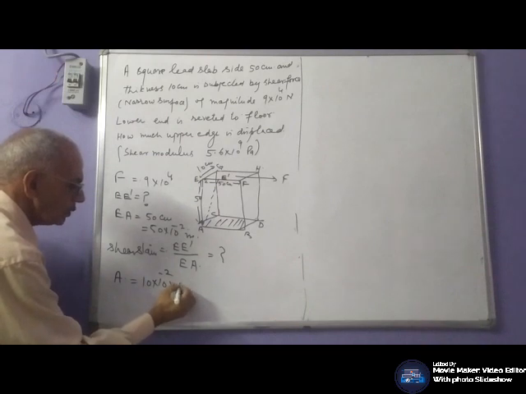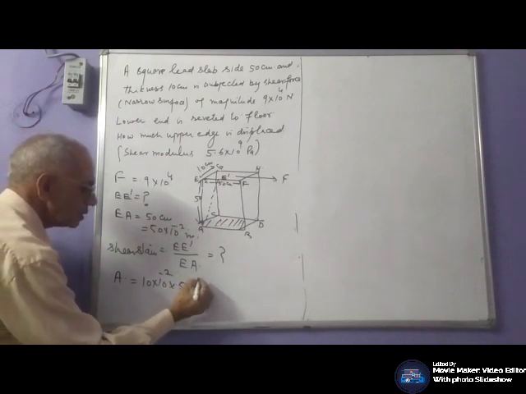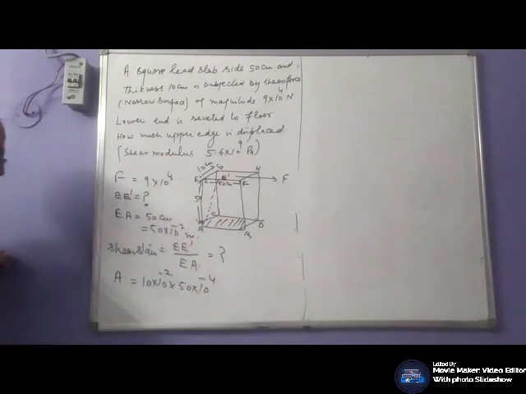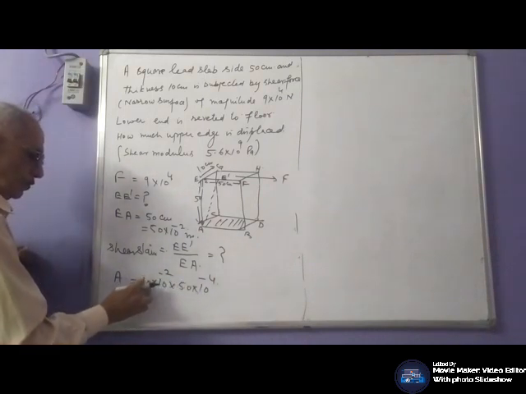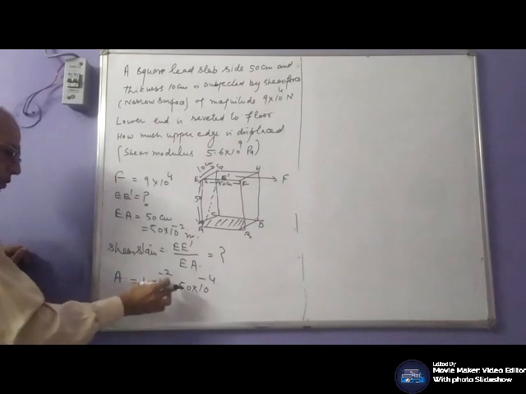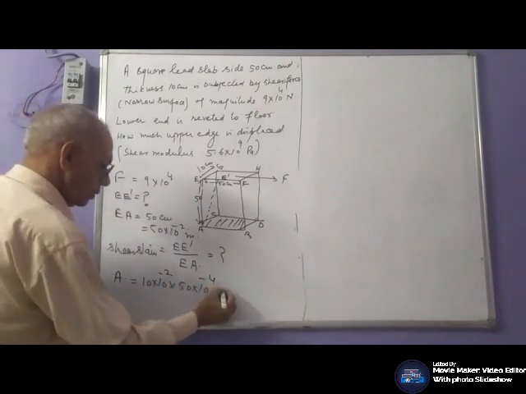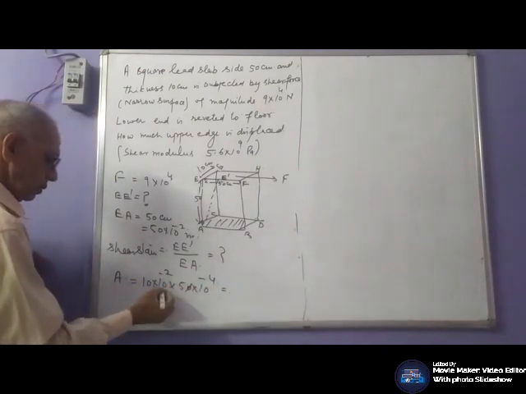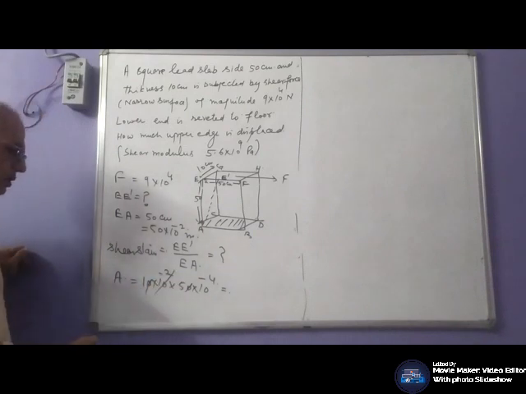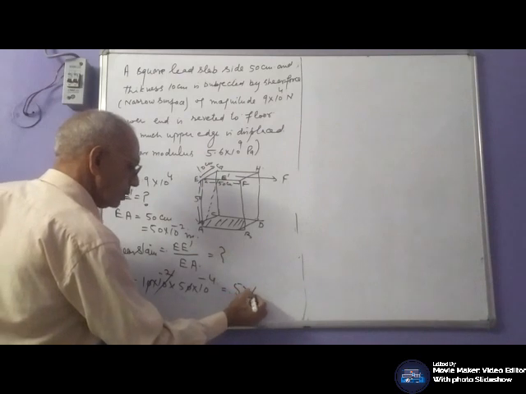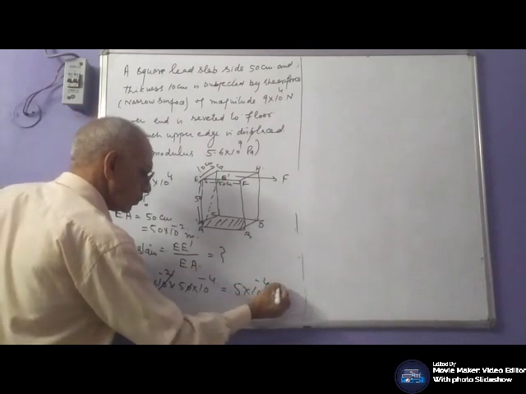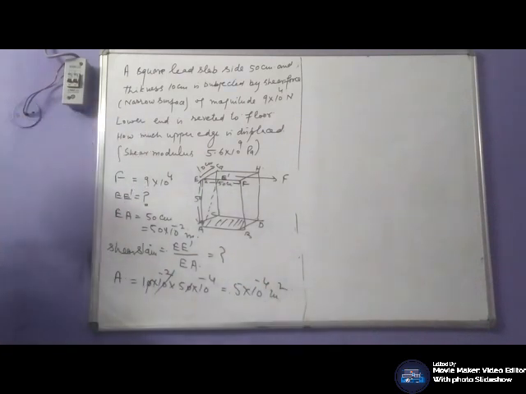Narrow end, 50 × 10 × 10^-4, which is 5 × 10^-2... so it is 5 × 10^-4 meter square.